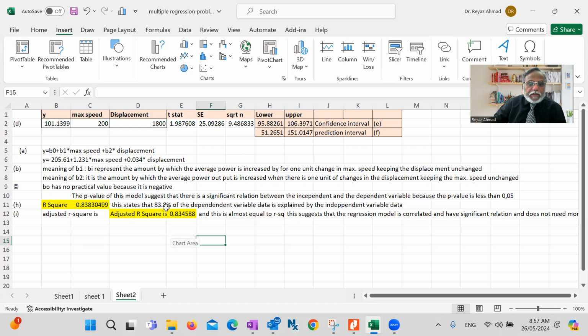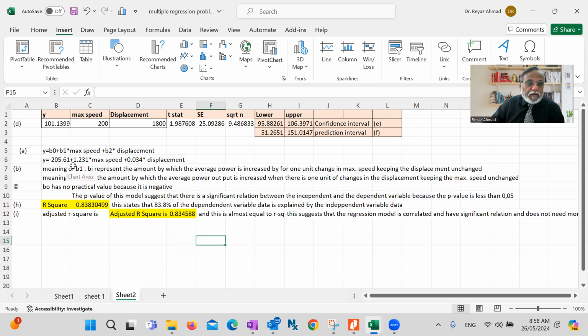This states that 83.8% of the dependent variable is explained by the independent variables, which are maximum speed and the displacement. So this is indicating the significance of this model and this regression equation.